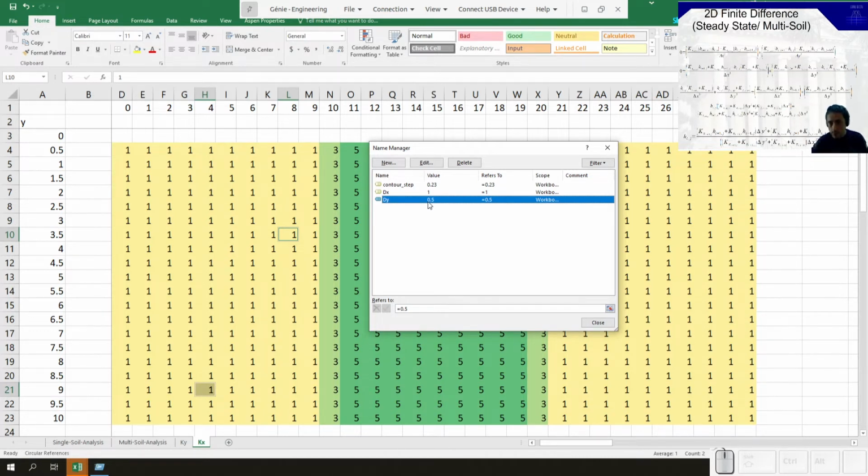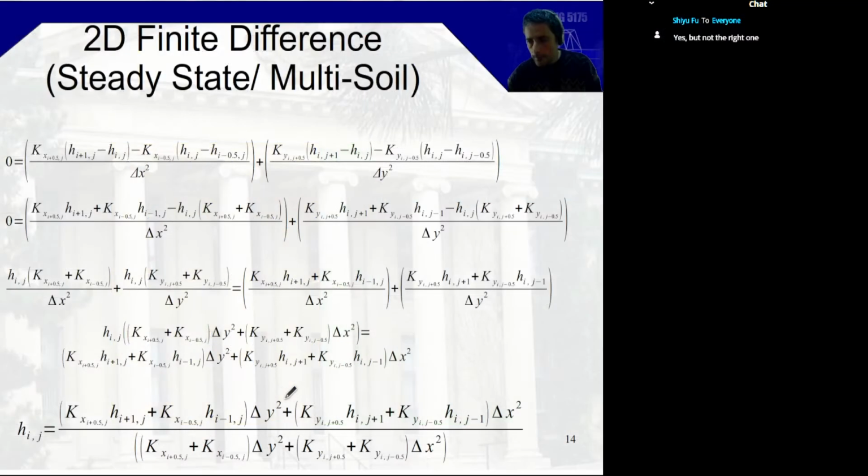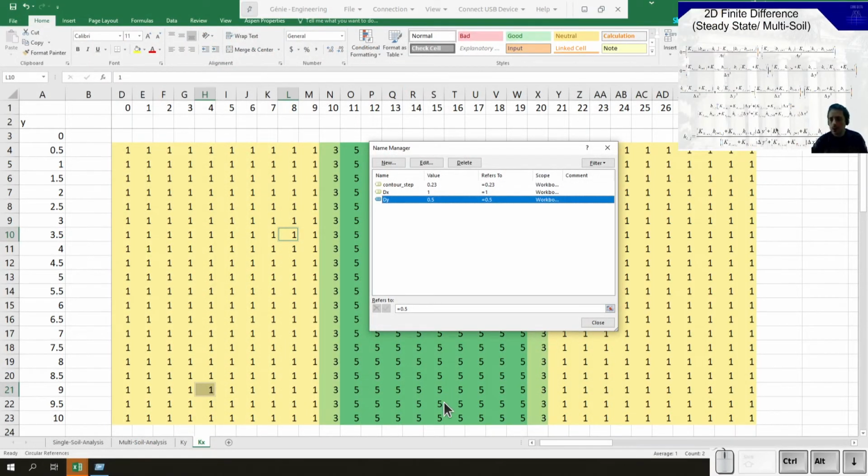So we have to go to the full definition, but fortunately delta y squared is multiplied with the x differences, the Kx's, okay, and the delta x goes with the Ky's, okay. So that's an important little touch to remember in this particular case.